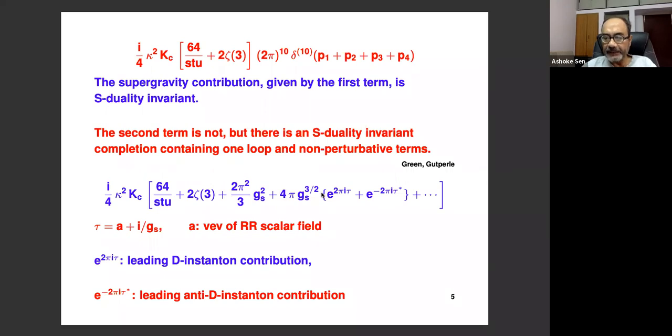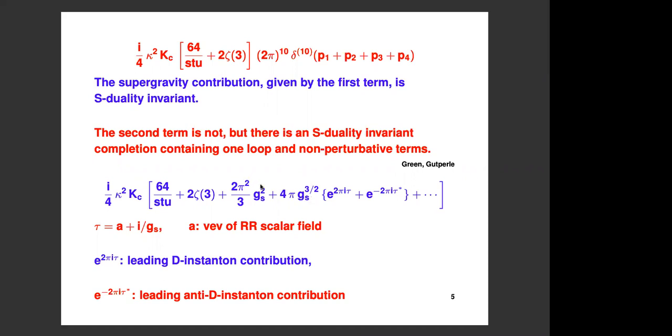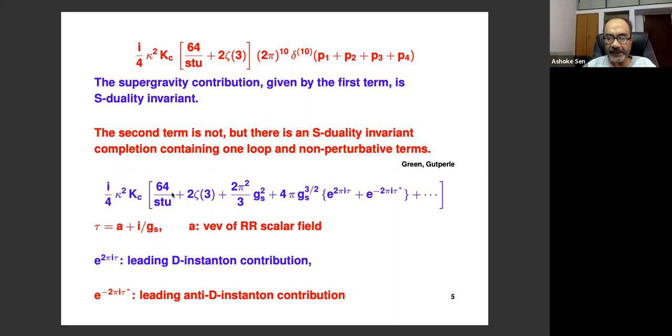But then Green and Sethi proved that supersymmetry imposes a differential equation on this function. I see. And with the differential equation and S-duality invariance, this completion is unique. So just S-duality invariance doesn't uniquely fix it. It's the space-time supersymmetry, N=1 space-time supersymmetry. Exactly. So you need the space-time supersymmetry and S-duality to fix this. Okay, thanks.